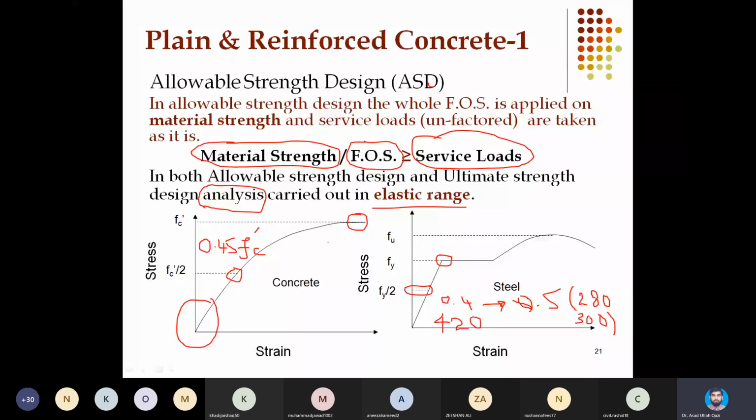So in USD, there is a nice combination: analysis is elastic, but design or sectional behavior is inelastic. So it is a nice mixture of elastic and inelastic. Analysis elastic, design inelastic. However, in ASD, analysis and design both are in the elastic range.